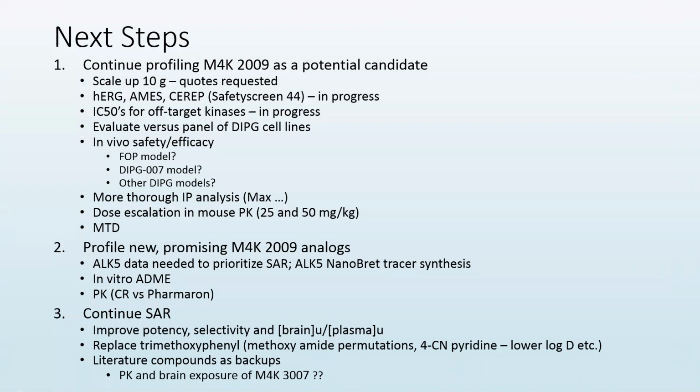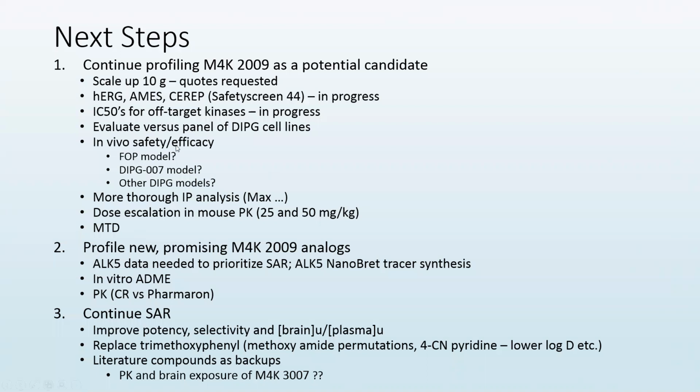I think we should do that, and really, I think this list is interesting. We have a little bit of time, while we're scaling up the compounds, to decide exactly how we want to move forward. But getting these things scheduled, especially if we do want to move into an FOP model, we need to identify a lab that's capable and willing to do it.